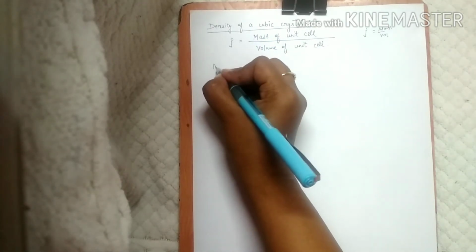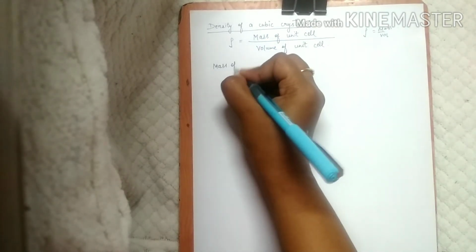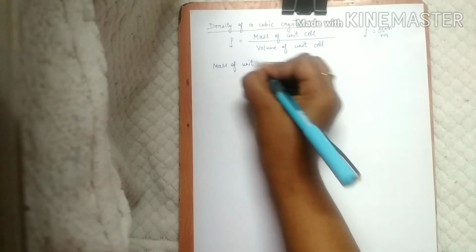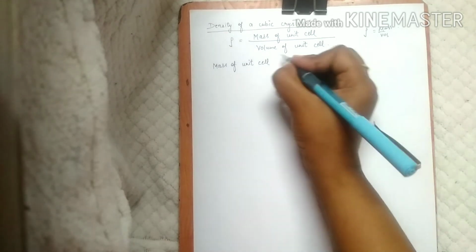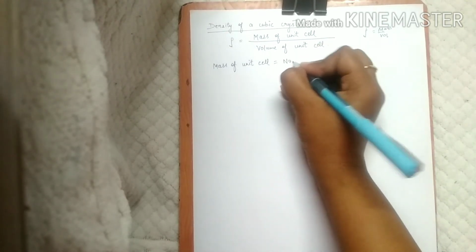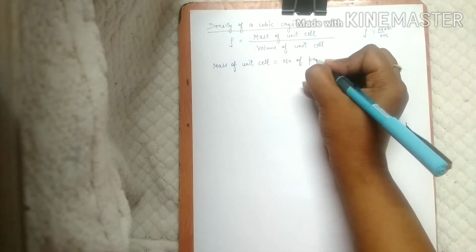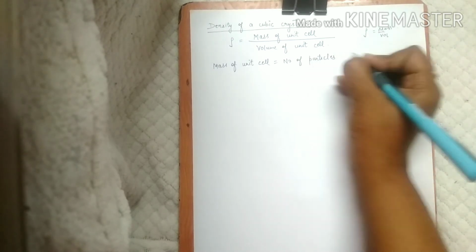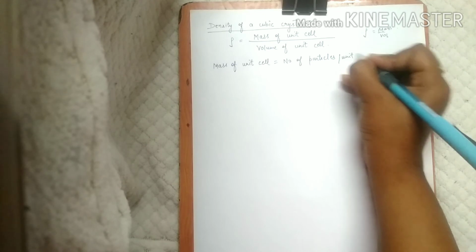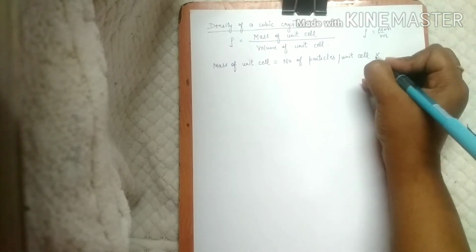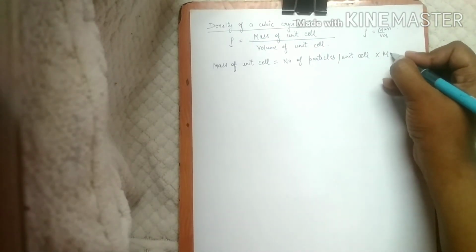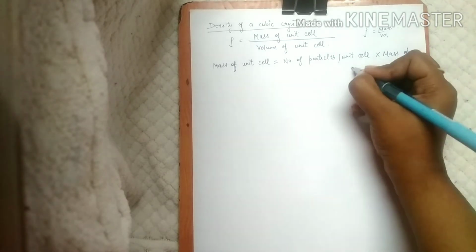So now we want to find out the mass of unit cell, which is going to be equal to the number of particles per unit cell multiply mass of single particle.